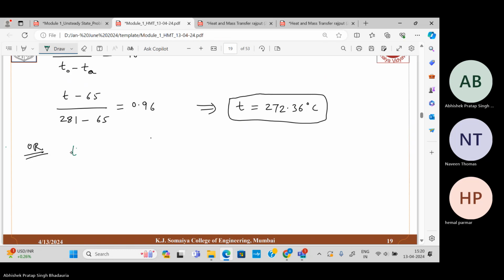So that is (T naught minus Ta) divided by (Ti minus Ta).